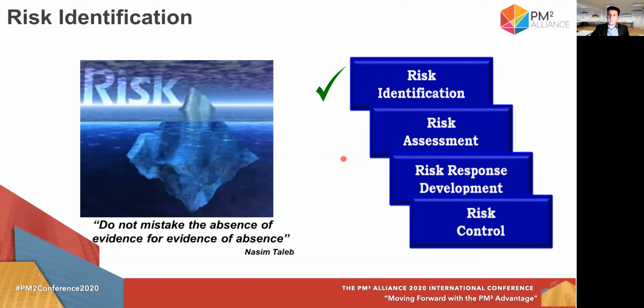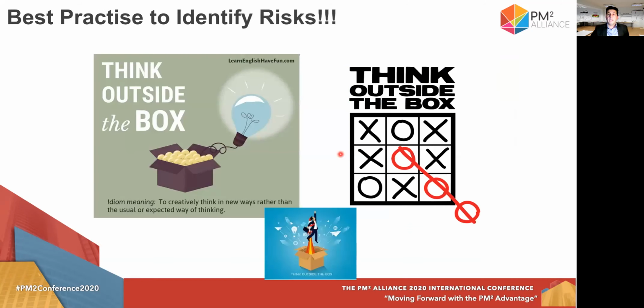So let's see how we are actually implementing this risk management plan during the four risk processes. Risk identification. A couple of best practices here. The first one is that when you start your risk identification process, try to remember to think outside the box.